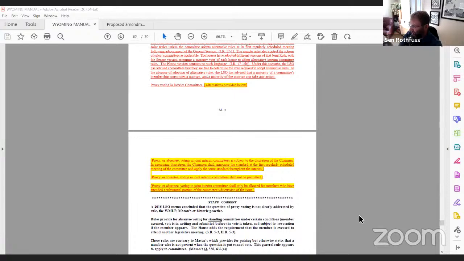So the only way anything we're doing right now would be binding is if we actually put them into the joint rules instead of here in the manual, unless I'm not understanding what we're doing. I believe these are suggestions of alternatives, and we're contemplating whether we want to include these suggestions as possible alternatives. Is that accurate, or am I missing something?